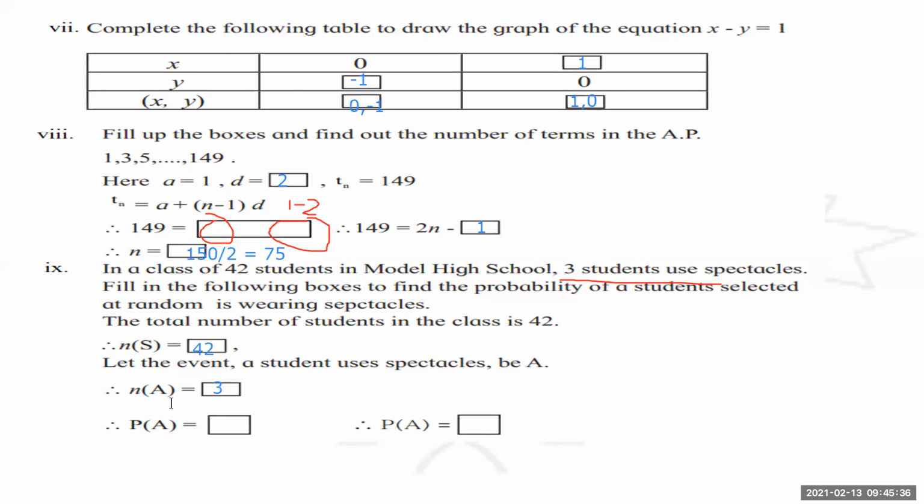Is this clear? So what is the probability of A now? It's n of A upon n of S. It's 3 upon 42.